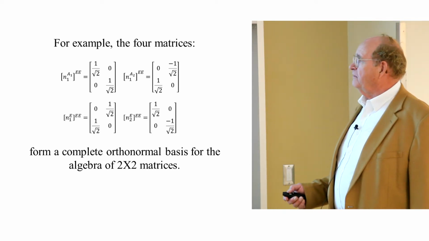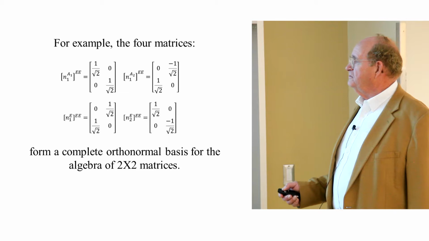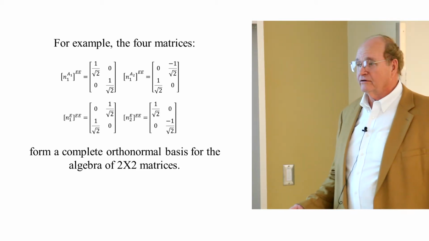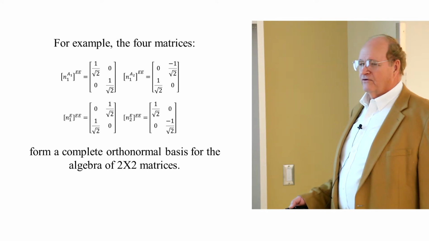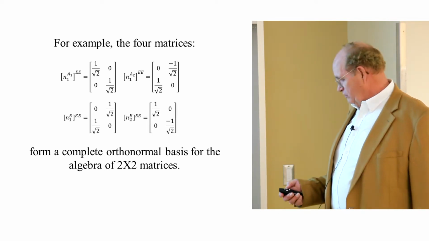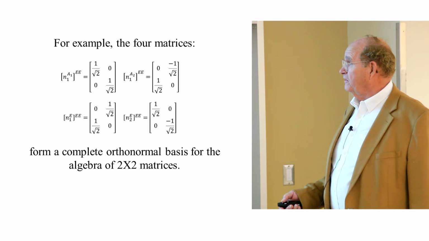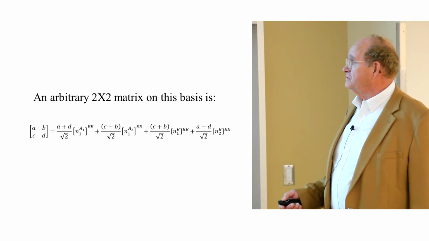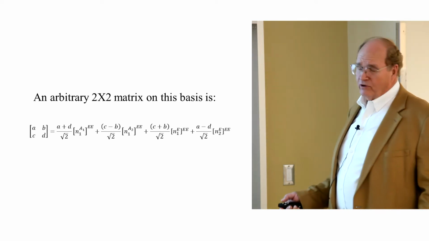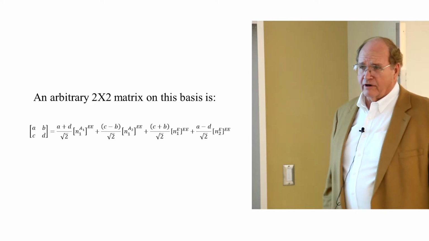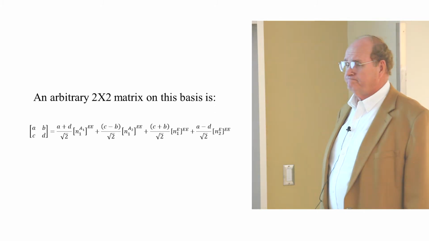And the interesting thing about it is the term that multiplies these transforms appropriately under the group: A1, A2, E, and so forth. And so that is a neat trick that you can use, that I was going to publish something on. Here's an arbitrary 2x2 matrix, A, B, C, D, and you see how it works out. I haven't put down the math for it. The math is very simple and straightforward.